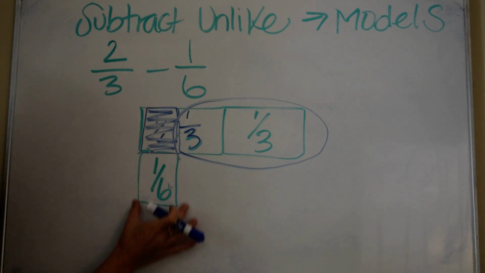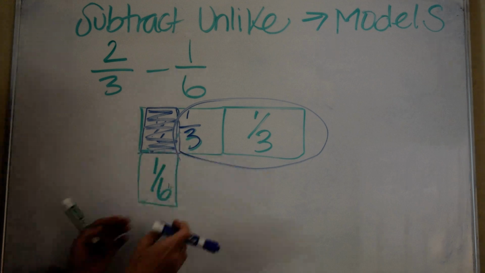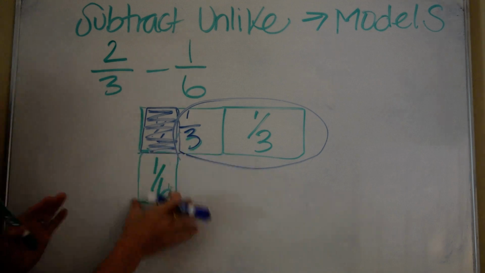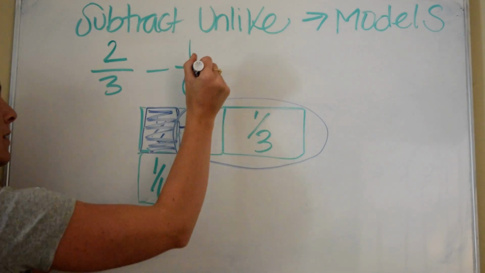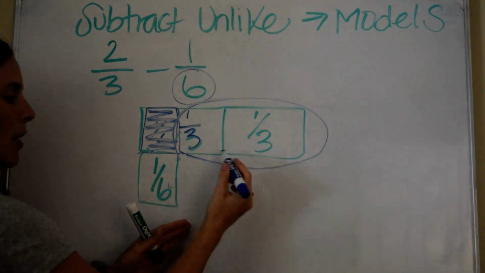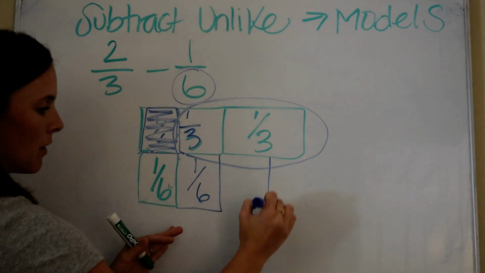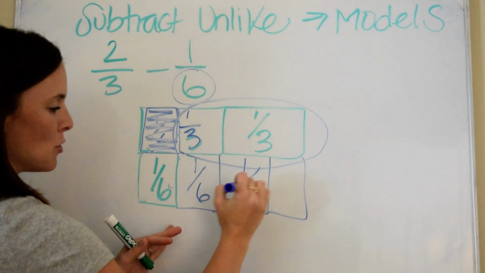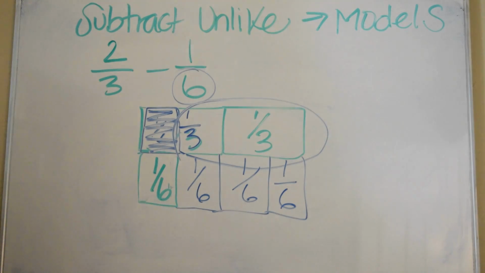So line up your sixth underneath so that you know how much you're taking away, and then fill it in with the rest of the sixth tiles to see how many are left, because we're converting into sixths because that's what we took away. So you would line up your other tiles and see how many sixth pieces fit under here. I'm drawing them, but if you have tiles, you can just put them up underneath.